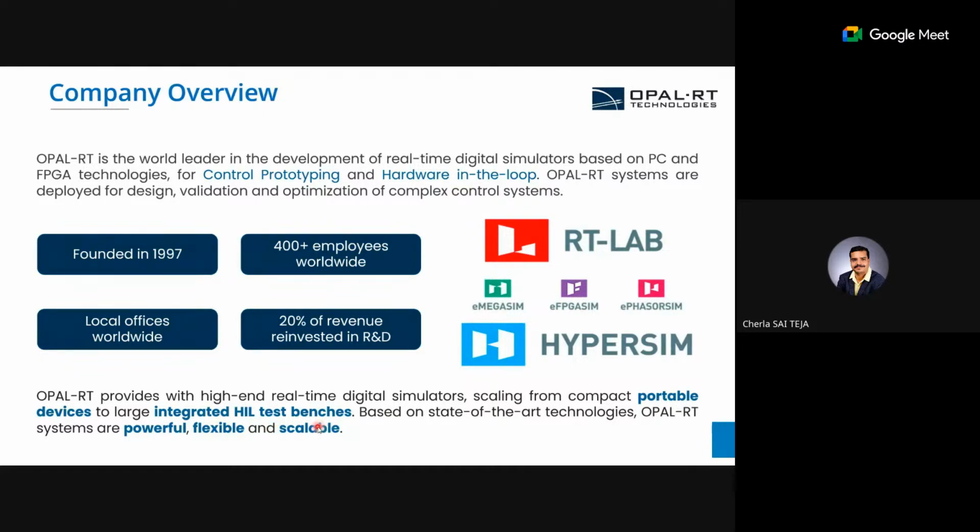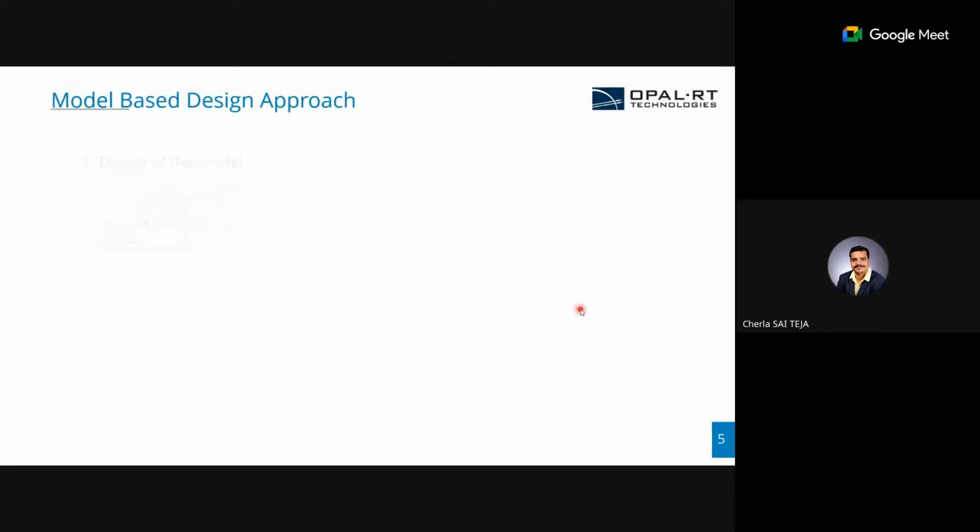In the coming slides, you can see what these test benches are and their applications. All these systems are powerful, flexible, and scalable. These are two software tools we have specially designed to cater to applications right from power systems to power electronics.